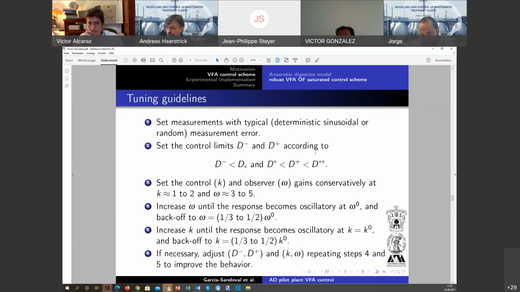So we set a number of guidelines to tune the controller. Okay.